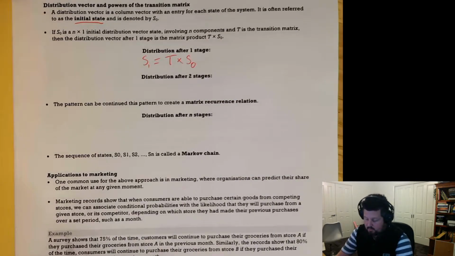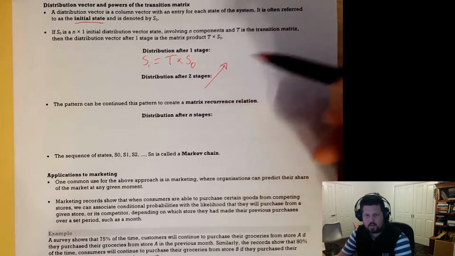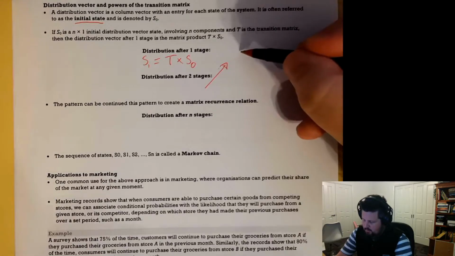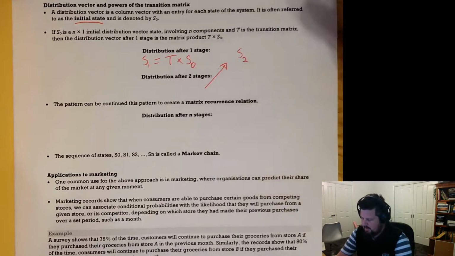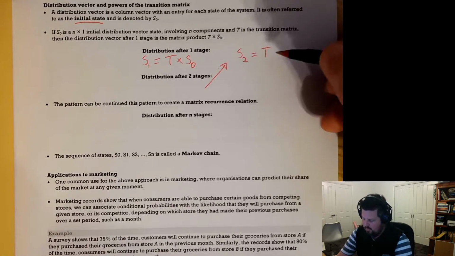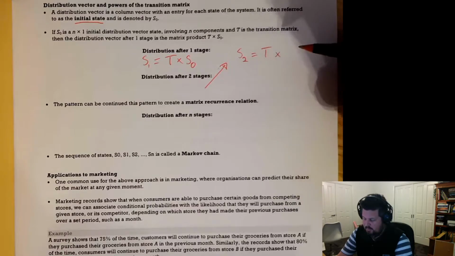If you're finding the distribution after 2 stages, obviously you're looking at S2. S2 would be equal to the transition matrix multiplied by the state before that, which would be S1.